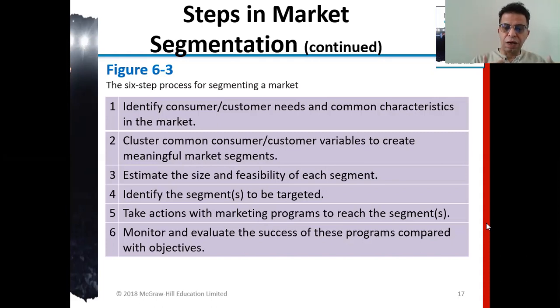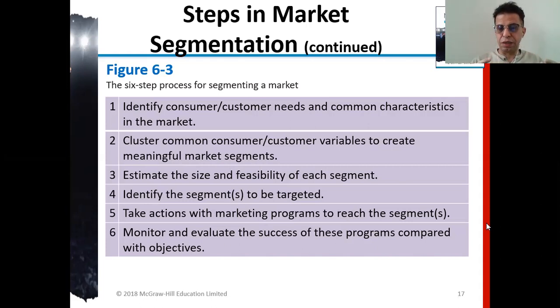When we started the higher education solution, we identified our consumers' and customers' needs and common characteristics. We found that universities are in need of upgrading their IT solutions. Then we clustered them into government and non-government organizations or universities, and we decided who we should be targeting.